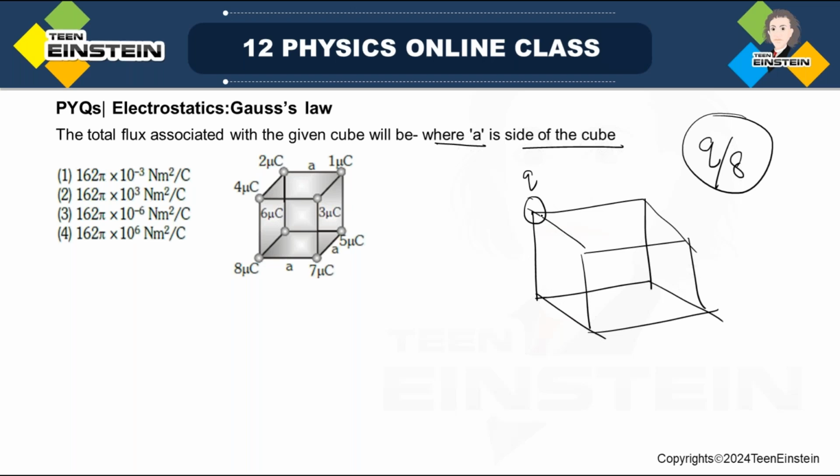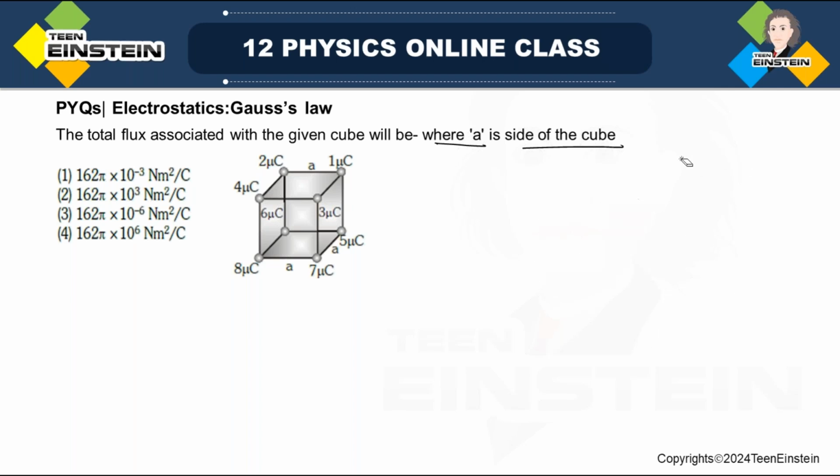So what is the effective charge for this particular cube? I have to actually find out what is the total charge enclosed by the cube. Then the flux will be charge enclosed divided by epsilon naught. So how much is the effective charge enclosed over here?